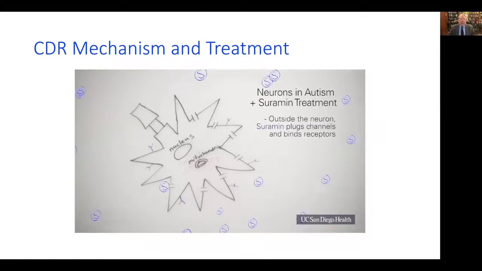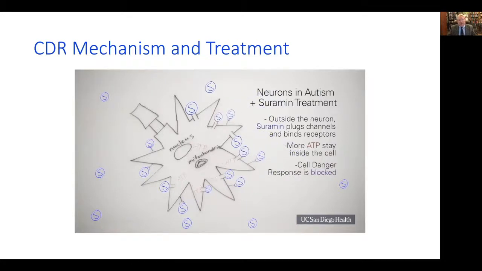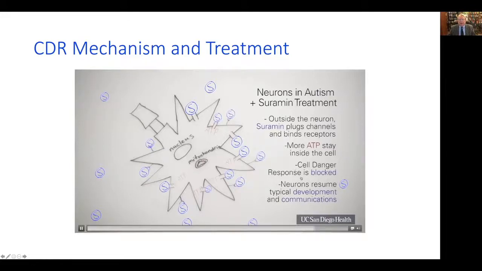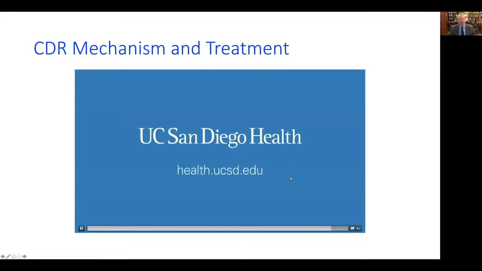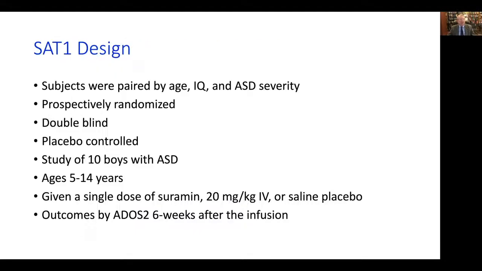But when neurons are treated with Suramin, those channels get blocked and the danger signal of ATP is reduced. And so the cells can return more to a peacetime metabolism that allows healing and cell-cell communication in a more normal way.